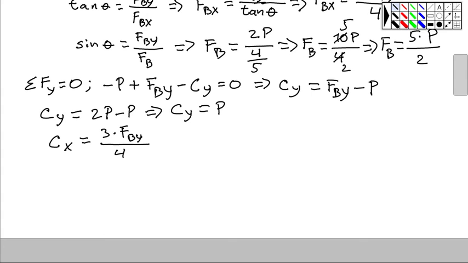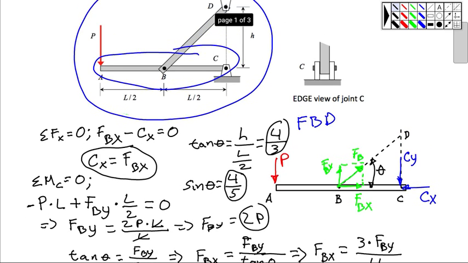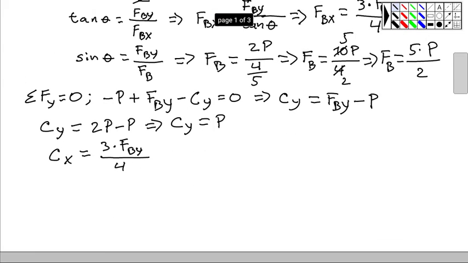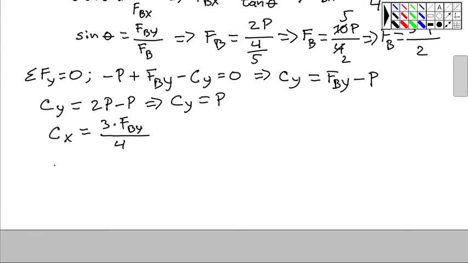Now we can calculate the axial stress in the member BD. Then we have that the axial stress in the member BD is equal to force FB over area.